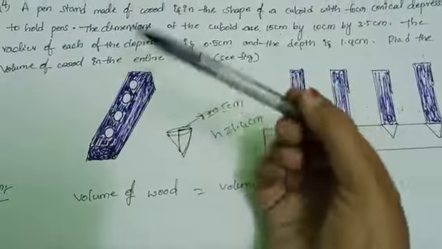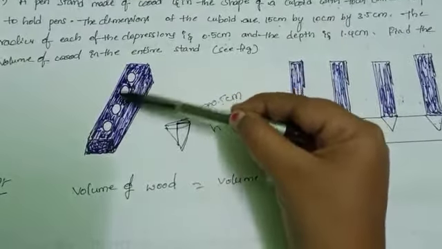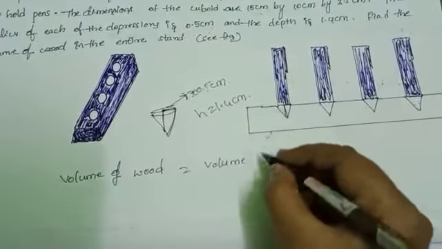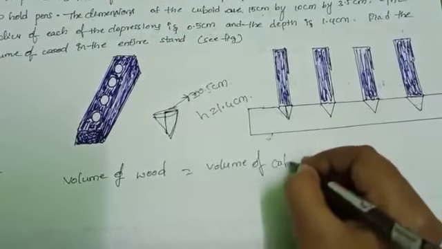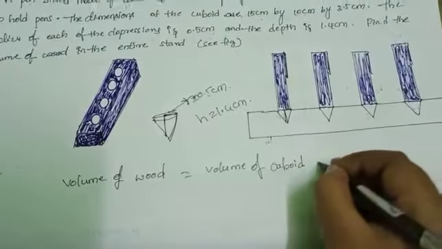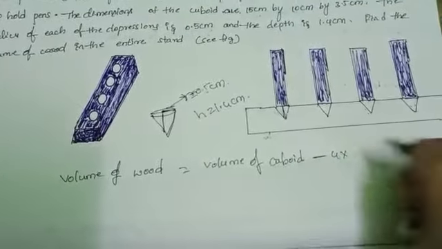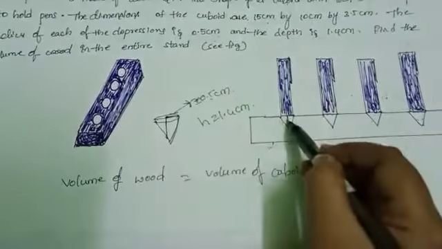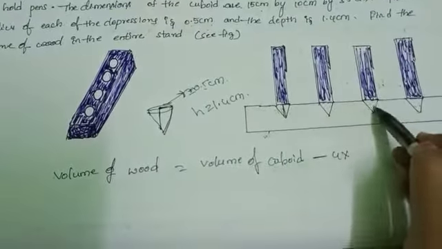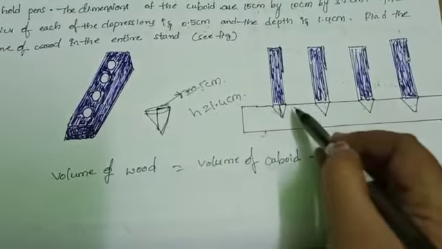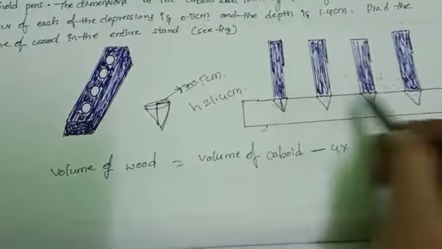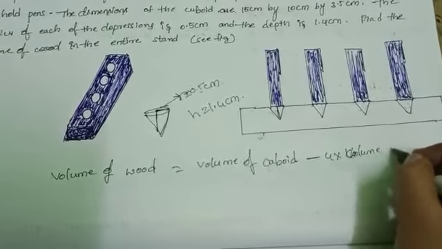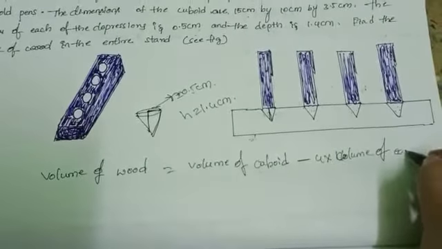It includes these cavities also. Minus 4 into these 4 cavities. These are the empty space. These 4 cones are empty space. So 4 into volume of each cone.